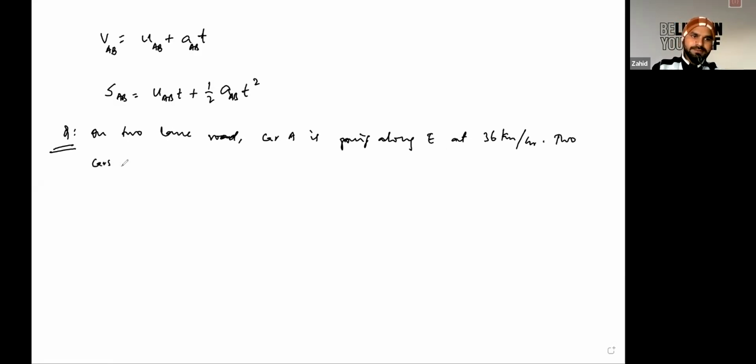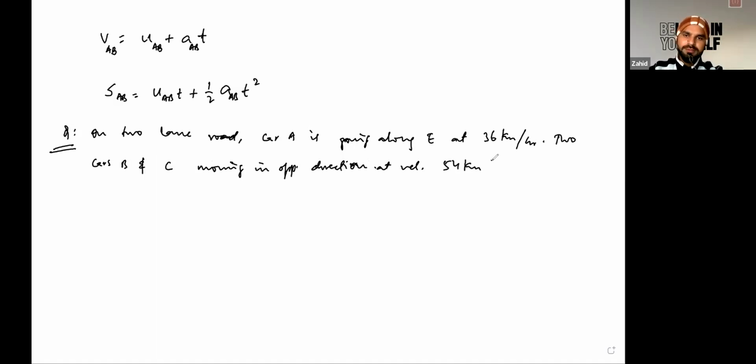Two cars, B and C, moving in the opposite direction at velocity 54 km/h.